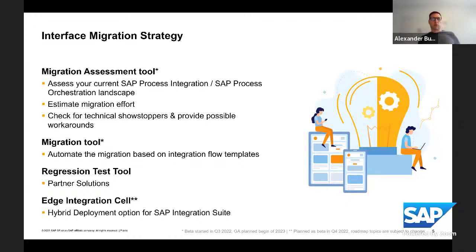And the fourth pillar would then be the edge integration cell that I mentioned, where we provide this on-prem runtime in a containerized environment. This goes into beta by the end of this month, and the beta project would run for half a year, and then it's planned to be provided by mid of next year.